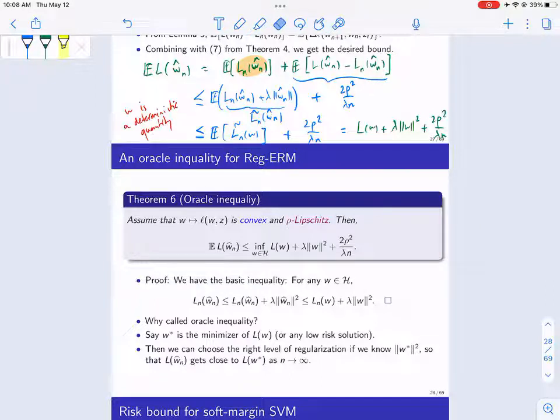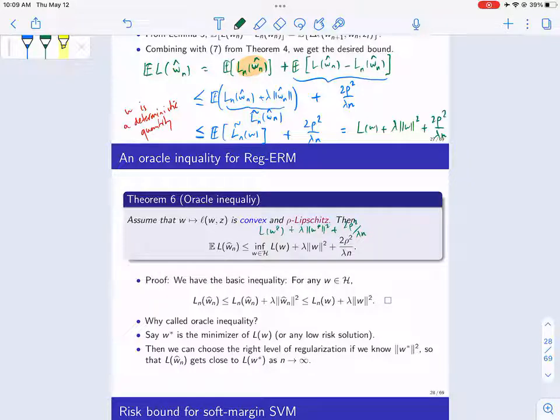So this could be L W star plus lambda norm W star squared plus 2 rho squared over lambda n. In order to optimize this bound, I have to choose the right regularizer, because if I increase lambda, this term goes up and this term goes down.